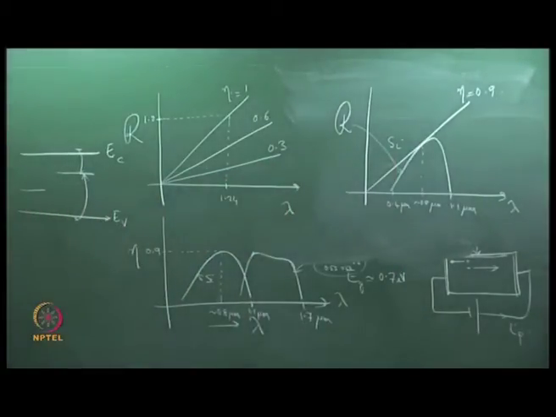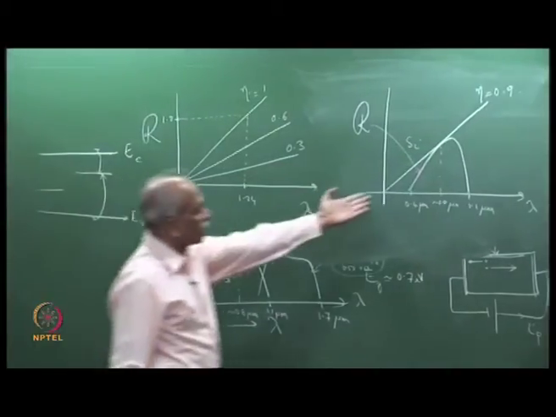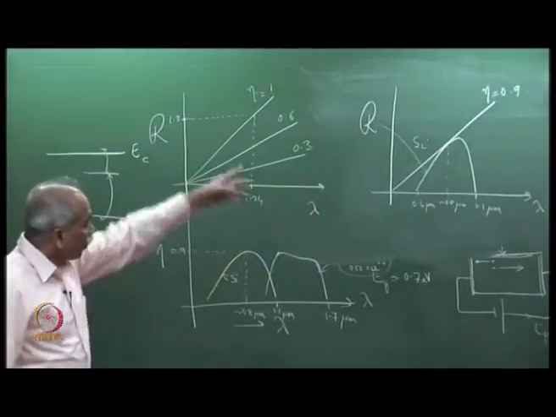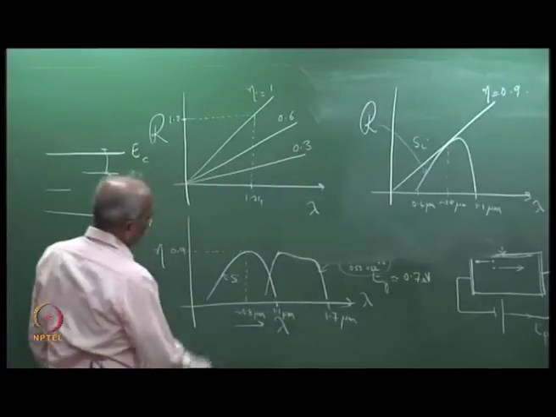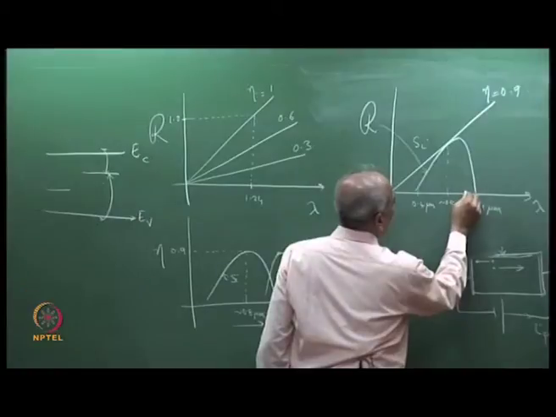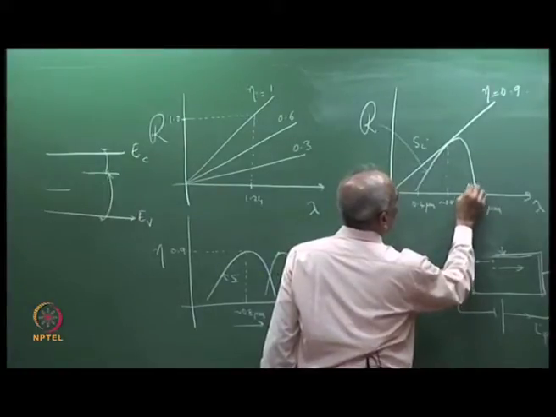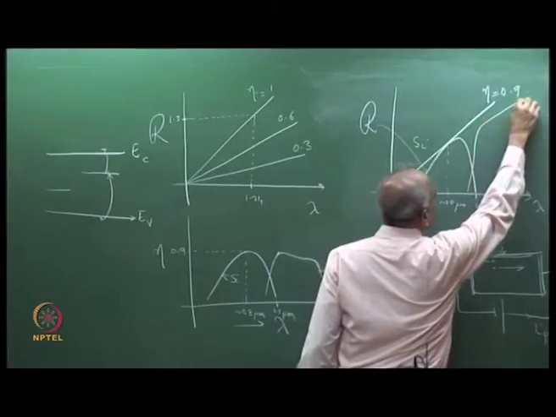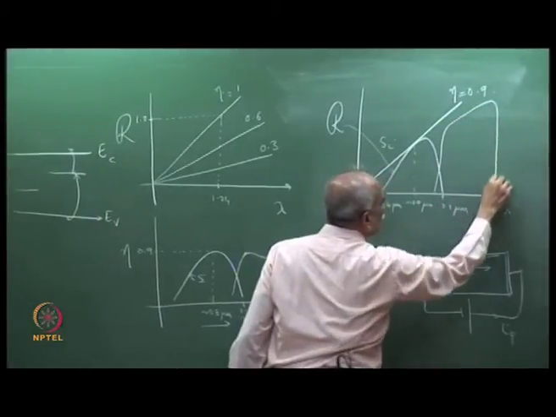If you take a typical data sheet of any silicon detector, you will see the responsivity given like this. And if I want to plot for indium gallium arsenide, the maximum normally goes around 0.8. It starts from about 1 micron here, and goes like this and comes down somewhere here.